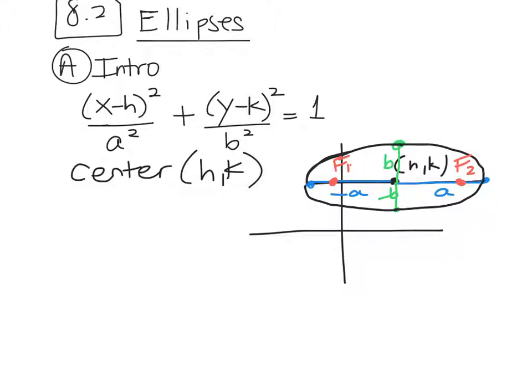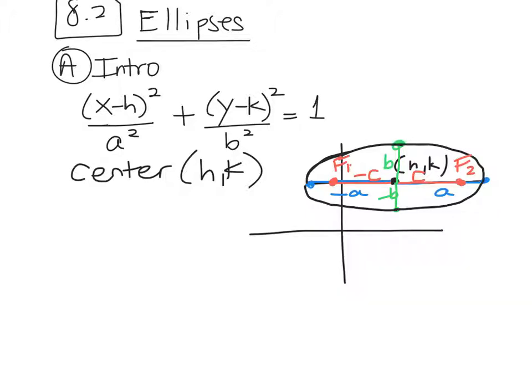I'm going to write this down in just a minute. And then from the center, that right there, out to your foci is a distance of c from the center. Okay? Zoom in a little bit. That's a lot. Do you remember this? Yes? No? Maybe so? Okay, so let's talk about this.